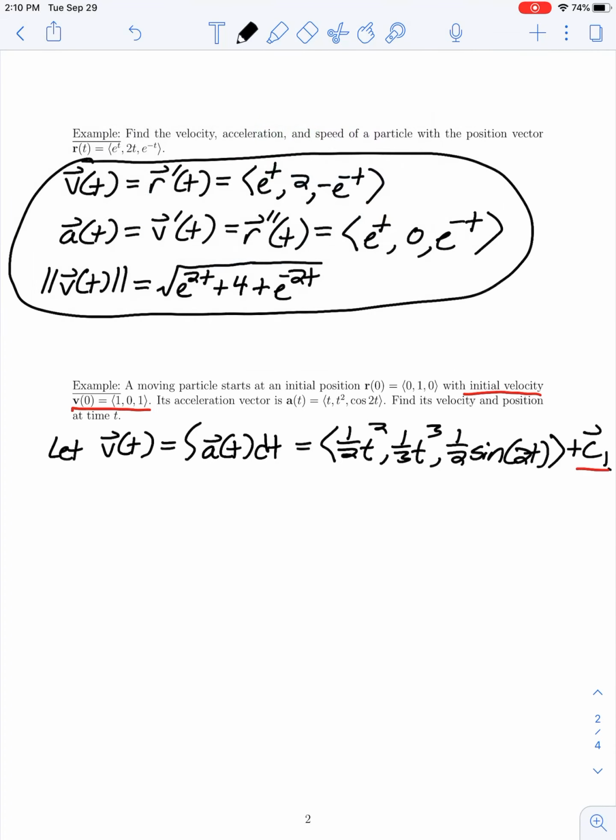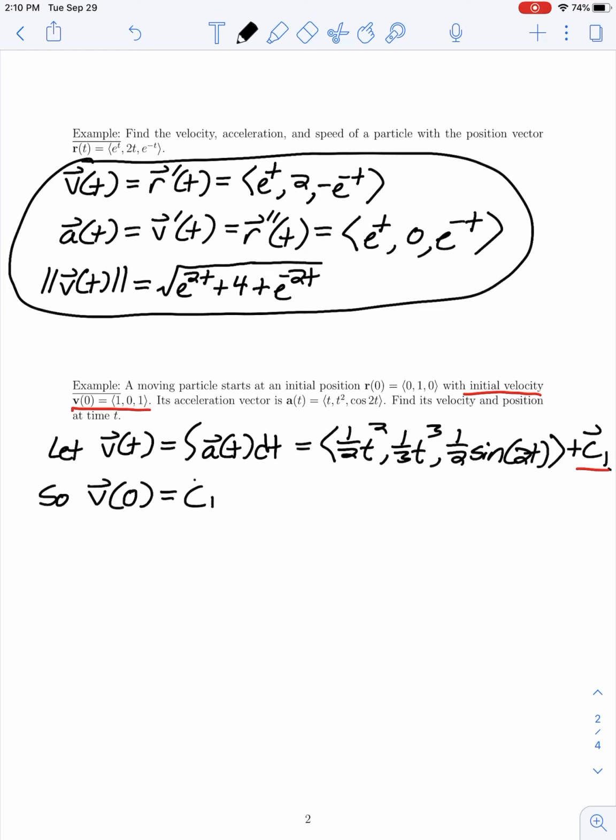So making use of that initial condition, if I look at v at time 0, if I plug in 0 for t in the vector that I just found, I would have 0, 0, 0 plus c1.